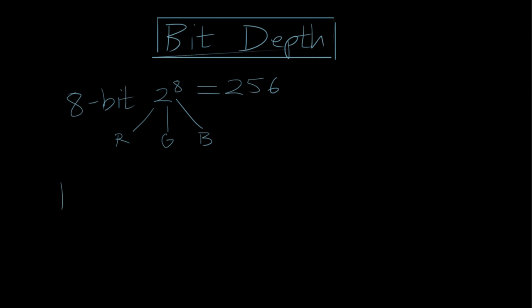And if you take 10-bit, then we have 2 to the 10 possible values for each of those, which is 1024. So you can see the difference between 8-bit and 10-bit is very significant. It's not just a difference of 8 to 10, it's a difference of 256 to 1024. So this is 4 times as deep, basically.